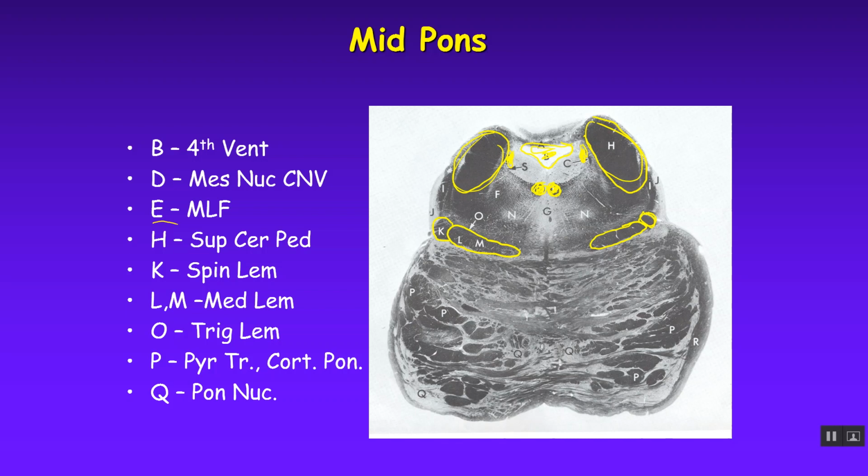And then eventually, once you get up in the pons, and the medial lemniscus gets more in this medial lateral orientation, it gets right next to the spinal lemniscus. So at this point, they're all really close to each other. So now the medial lemniscus and the spinal lemniscus are right next to each other once you get up into the mid-pons.